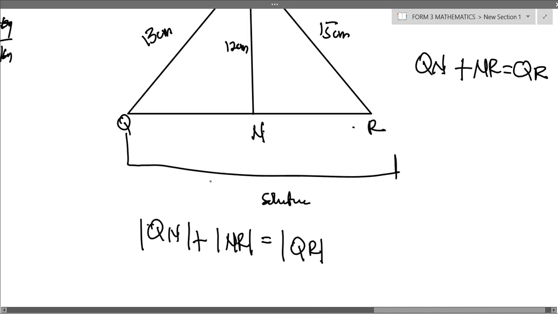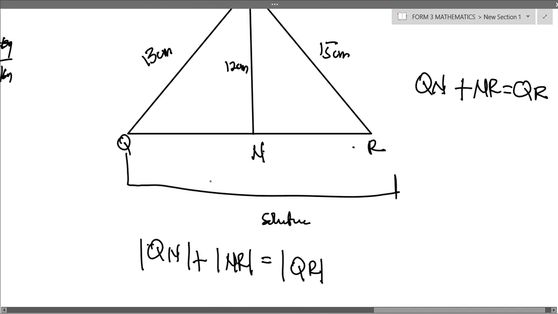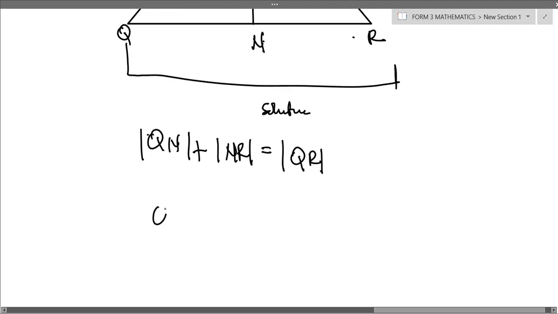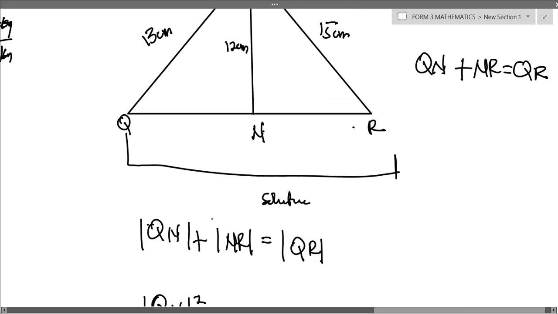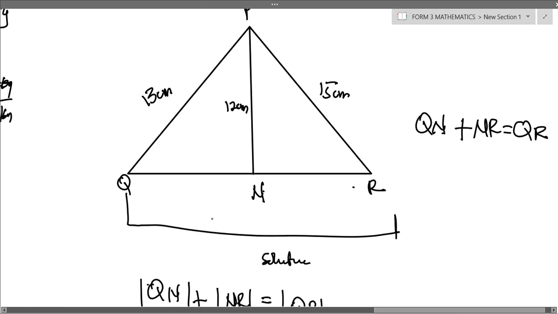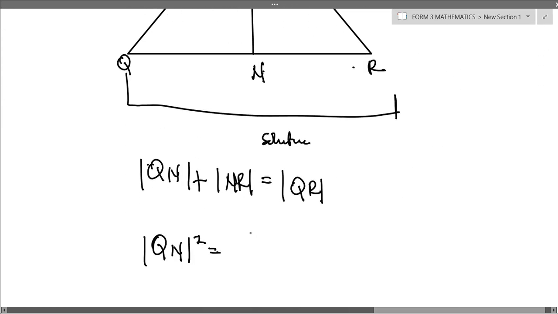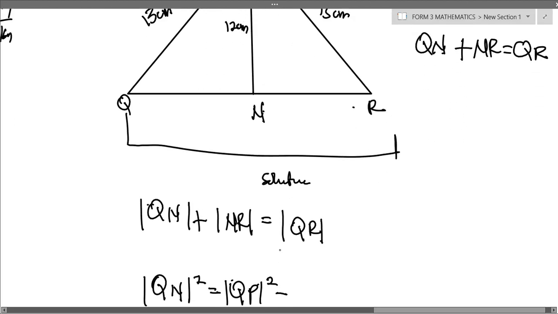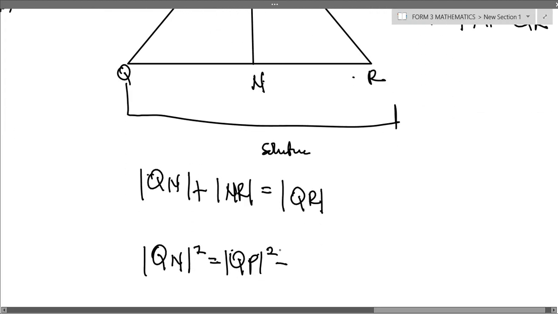And in order for us to find QN, how are we going to find QN? So QN squared will be equal to QP squared minus PN squared.